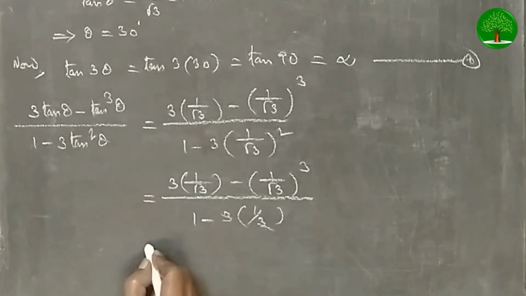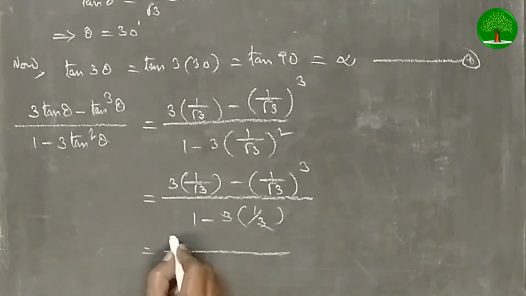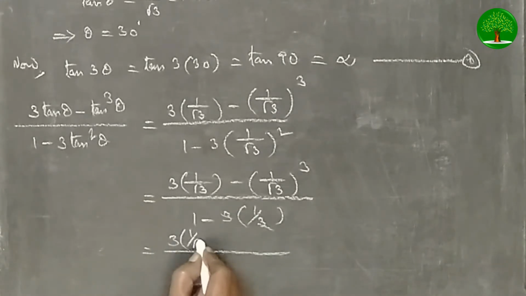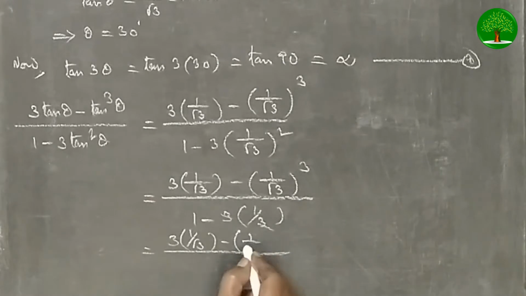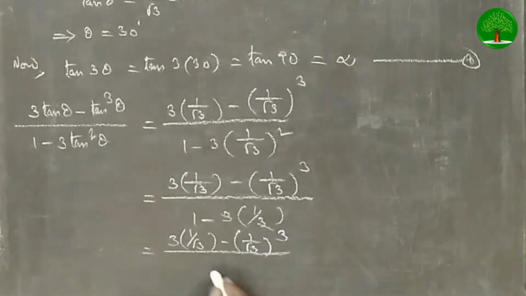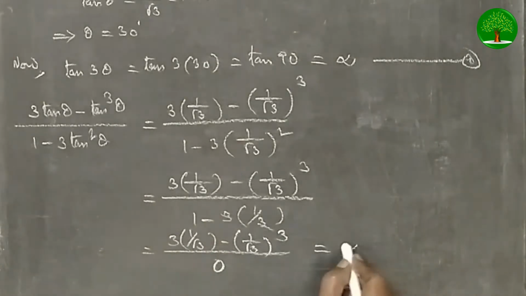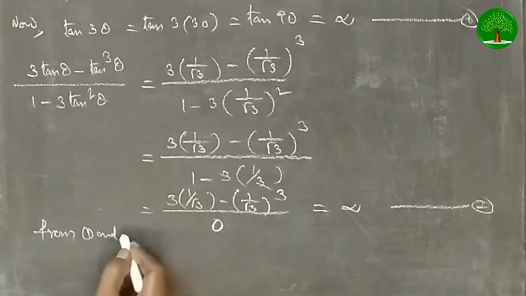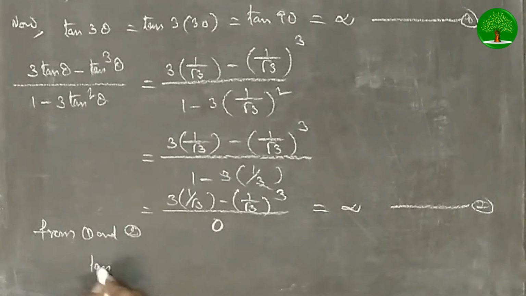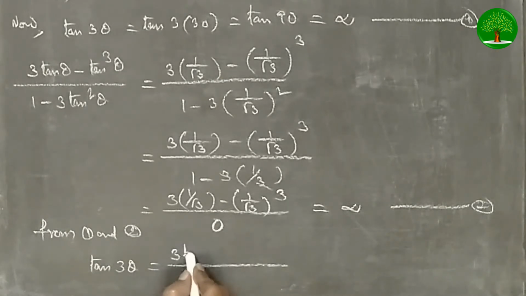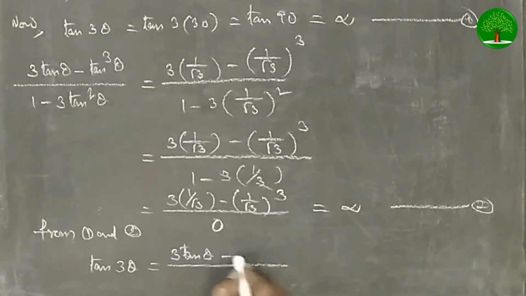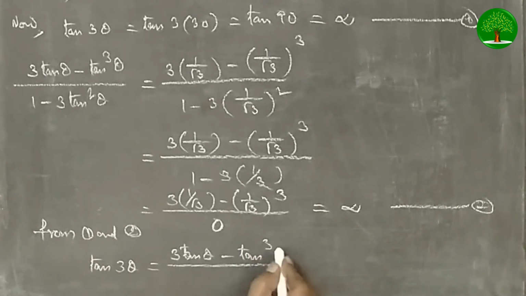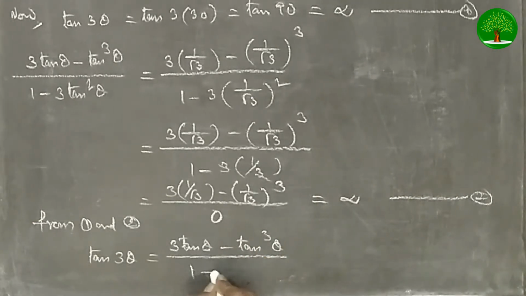This is equal to 3 of 1 by root 3 minus (1 by root 3) whole cube by 0. Something by 0 is equal to infinity. 2. From 1 and 2, tan 3 theta is equal to 3 tan theta minus tan cube theta by 1 minus 3 tan square theta.